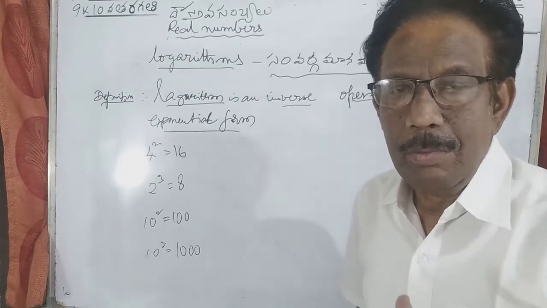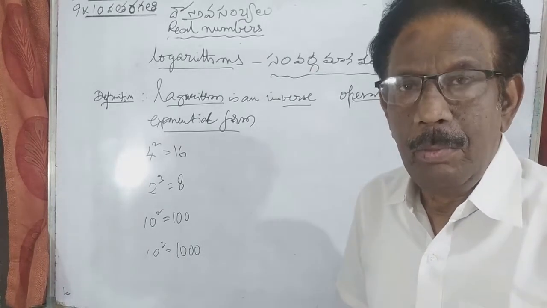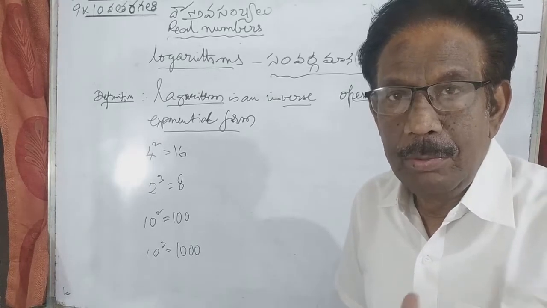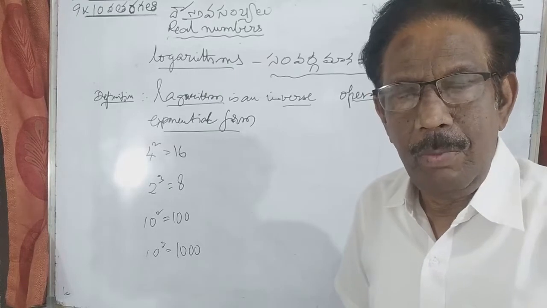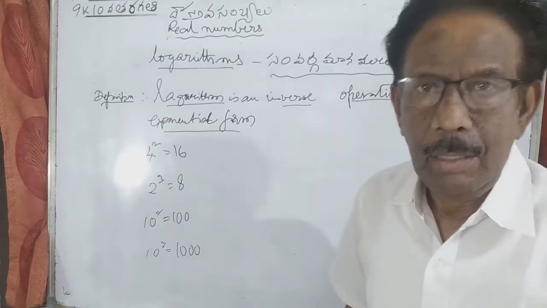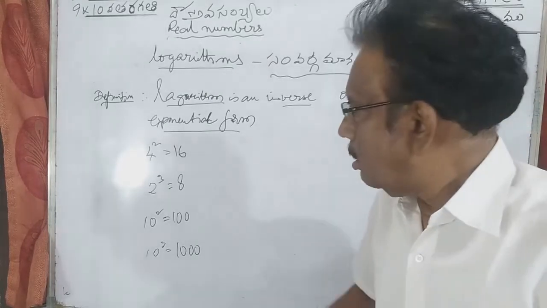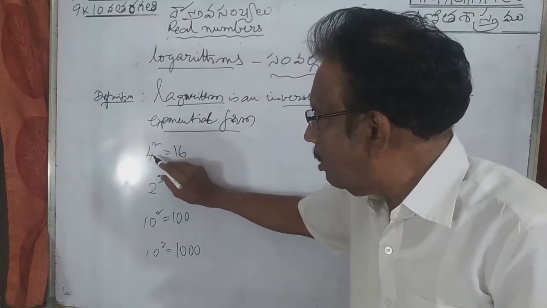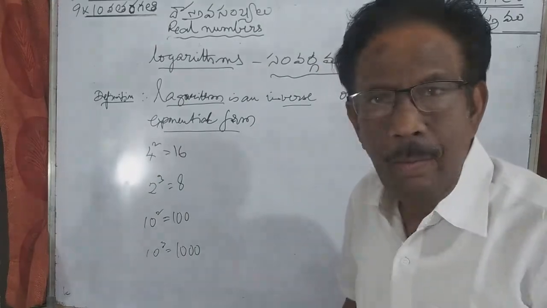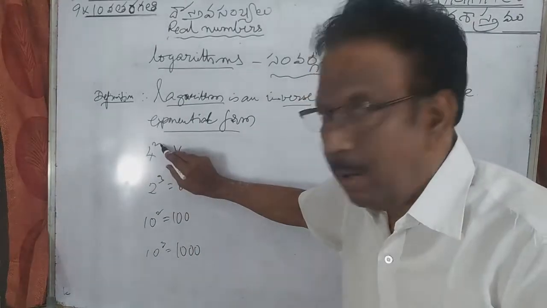In logarithms, what is the logarithmic method? Our main object is to find the exponent to the given base for a given number. See, look here. What was 16? To get 16, we raised 4 to the exponent 2.